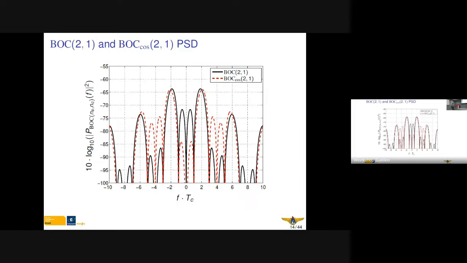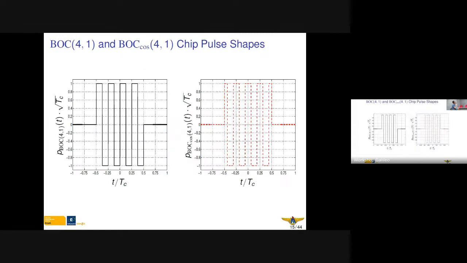For example, in case of Galileo, the open service is based on sine phased BOC signals, and the PRS is based on a cosine phased BOC signal, because you have less power in the center and you have more power outside of the main lobes, further to the band edge of the satellite. And if we now further increase the subcarrier rate, so now we have a BOC(4,1) and a BOC cos(4,1).